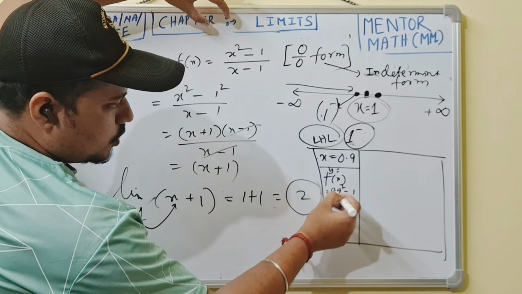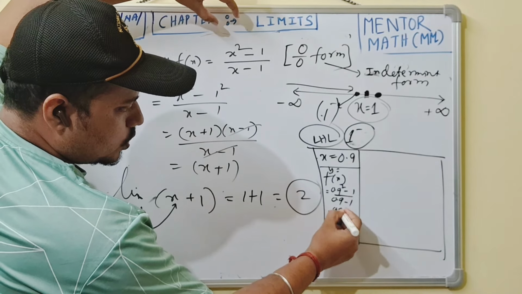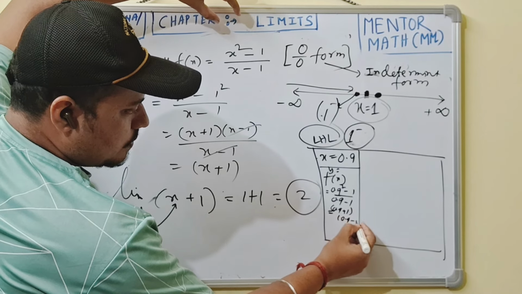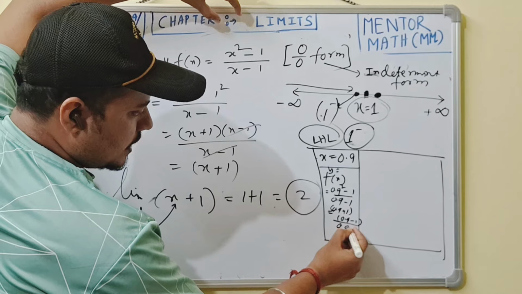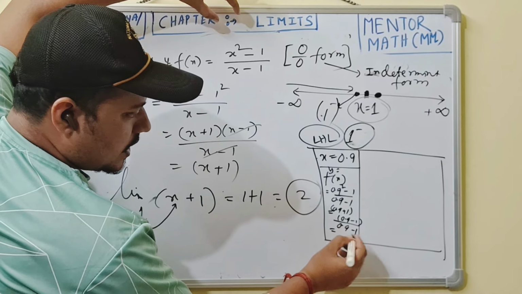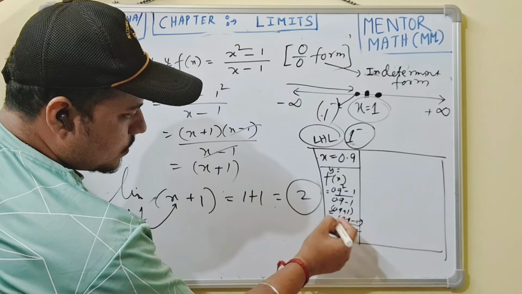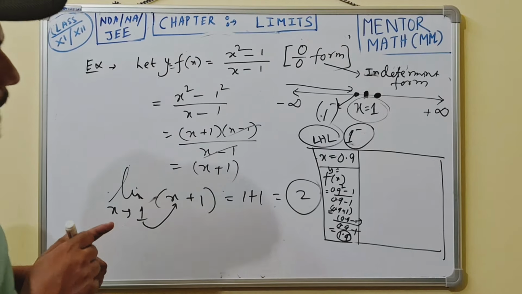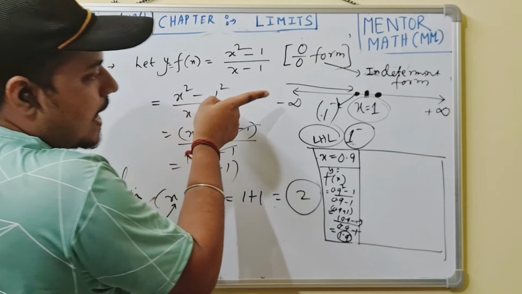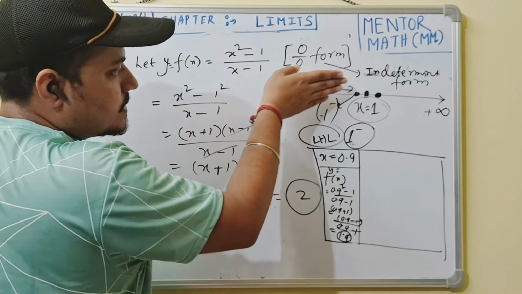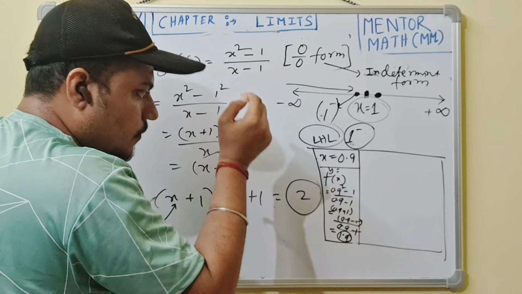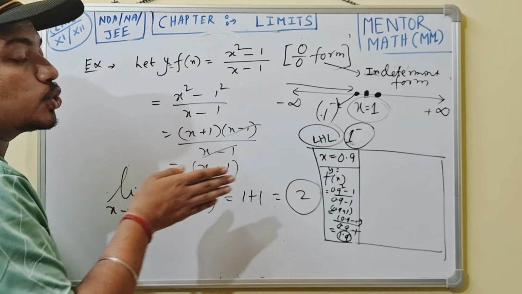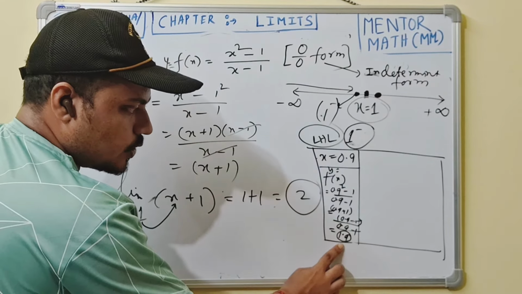So if I use the a square minus b square formula, that is (0.9 plus 1) into (0.9 minus 1) divided by 0.9 minus 1. This quantity cancels and you get the value 1.9. So you see that if x approaches 1 from the left side and you take 0.9, the function approaches 1.9, close to 2.